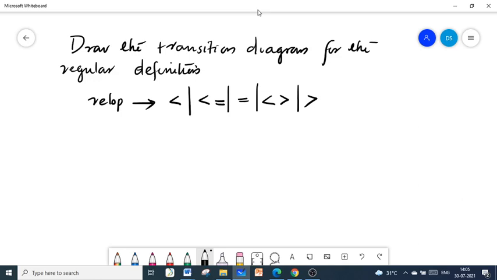So the components of transition diagram, as we all know.